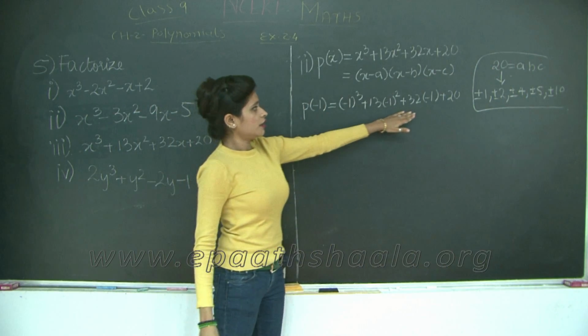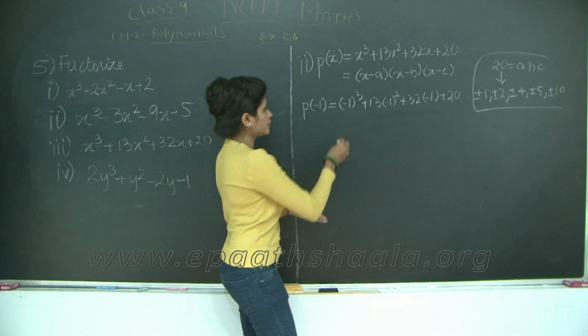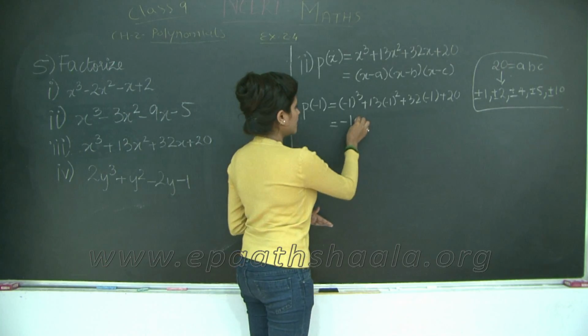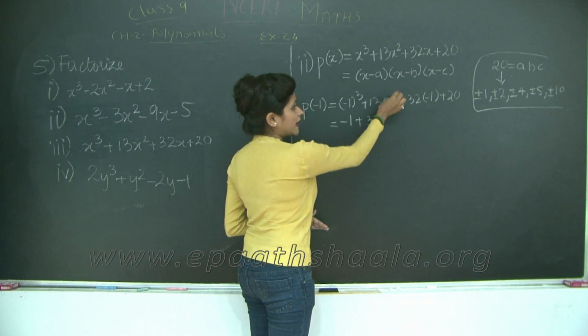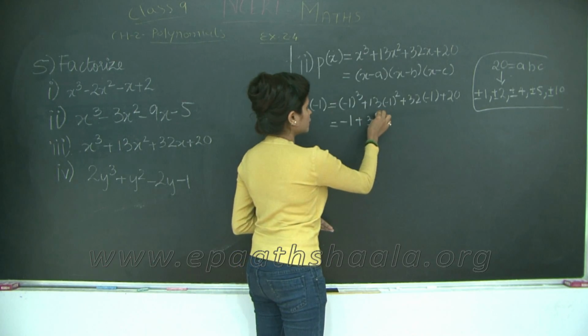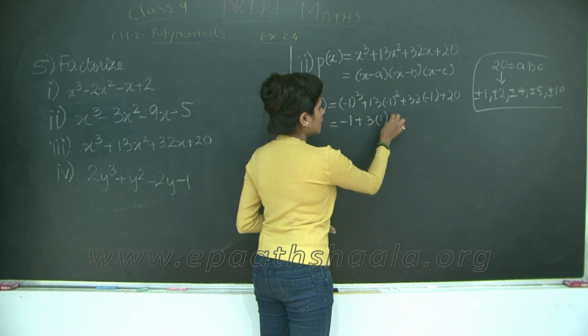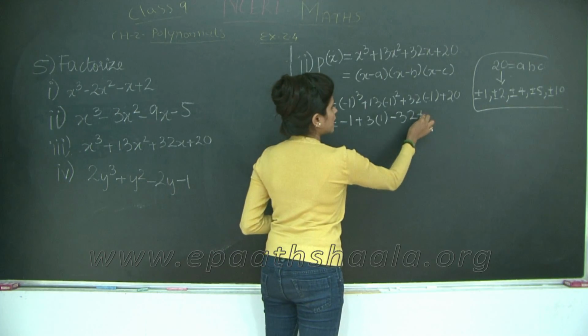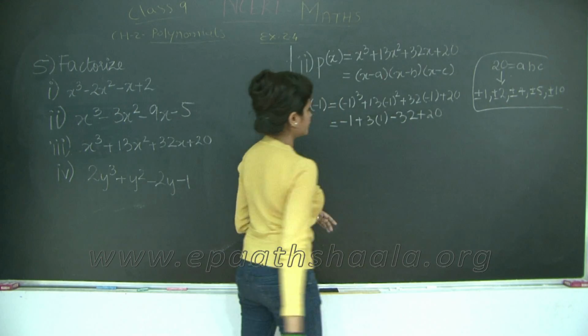Now I'm going to open up the brackets. Minus 1 cube is minus 1, plus 13 into minus 1 square, which is 1, so 13, plus 32 into minus 1 gives me minus 32, and plus 20 comes down as it is.